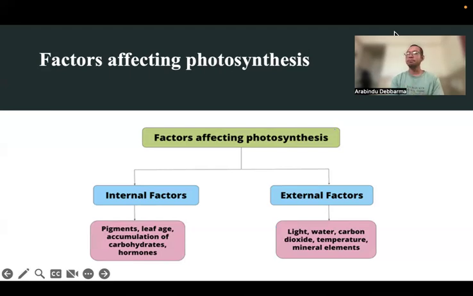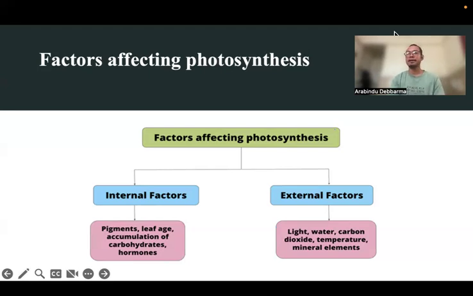Internal factors can be the pigment of the leaf. Young leaves will be more photosynthetically active because they are more green, because we know only the green part of the plant, that is chlorophyll A, has the highest rate of photosynthesis. So when the leaf becomes yellow, photosynthesis may be reduced. Similarly, in any pigmented plants, the rate of photosynthesis will be less, because we know the activity of photosynthesis is more in the green region.